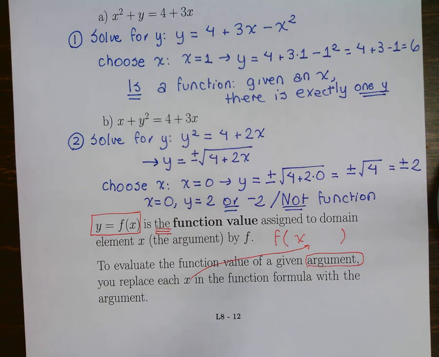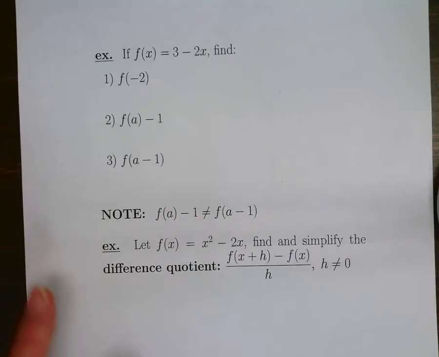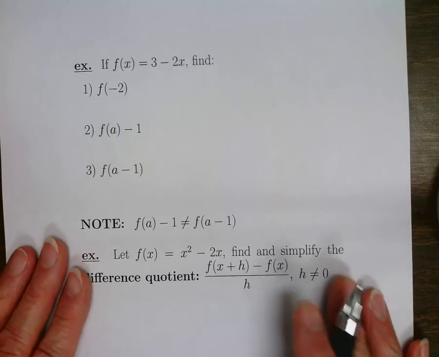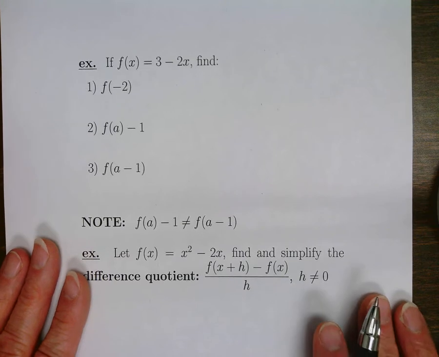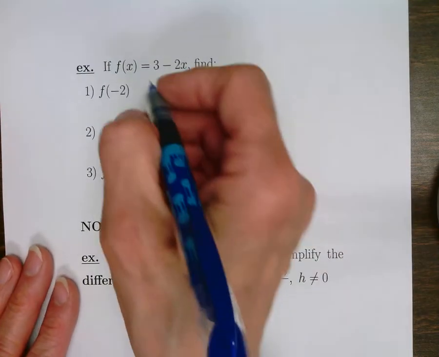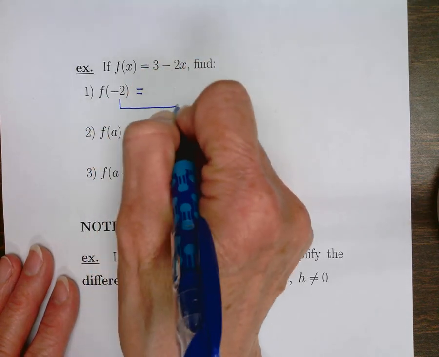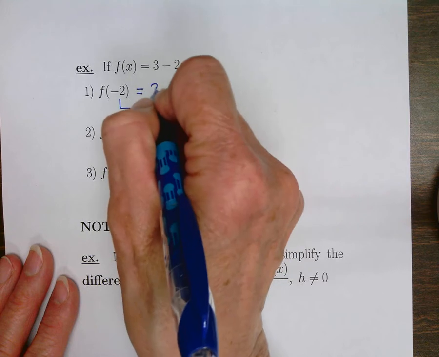Okay? Now, let's do it. It's easier to see it with examples rather than words, so let's do that. Okay. F of x equals 3 minus 2x. Let's find f of negative 2. Now the argument is negative 2. And what does my function tell me to do?